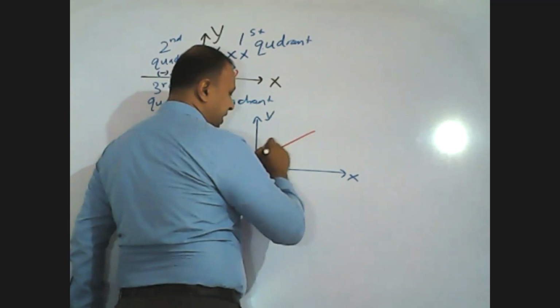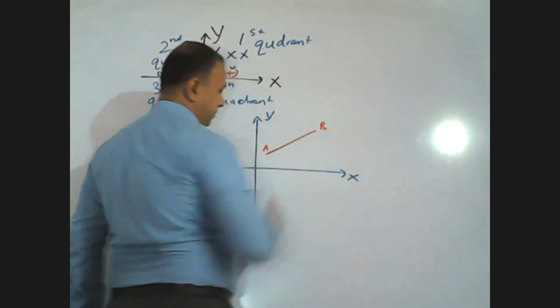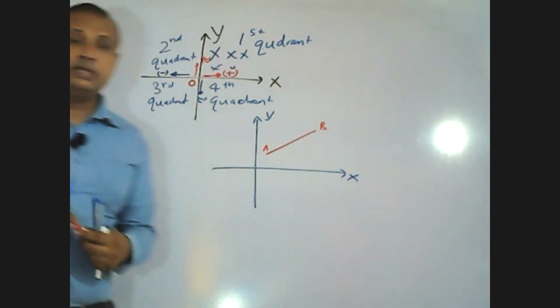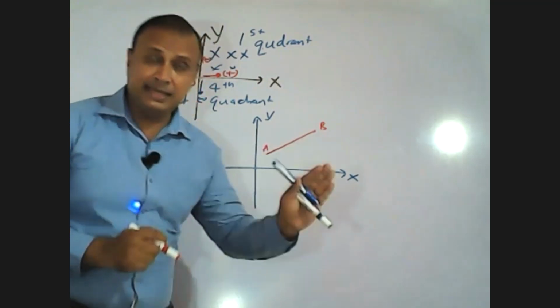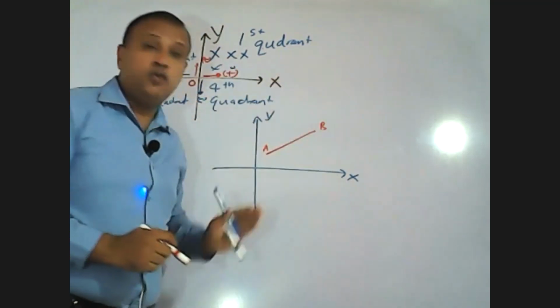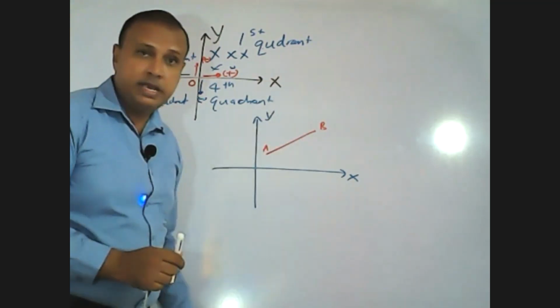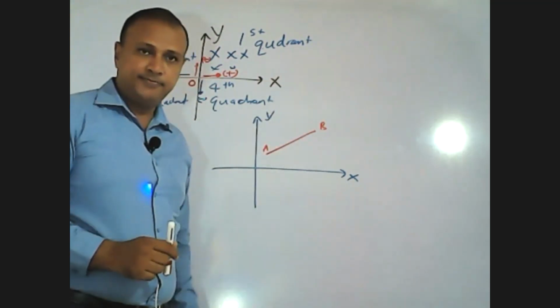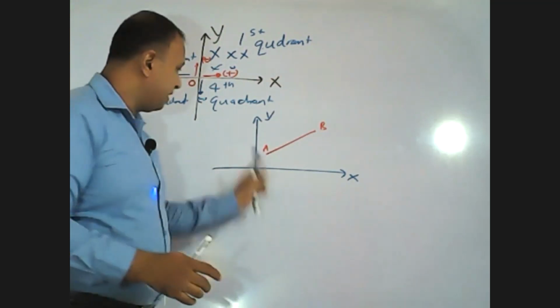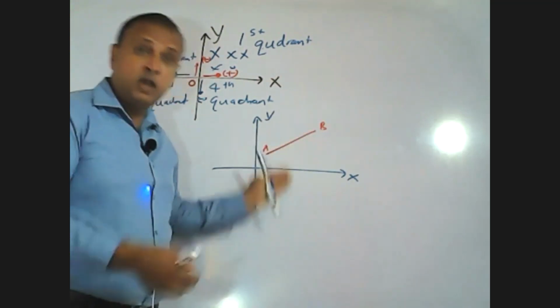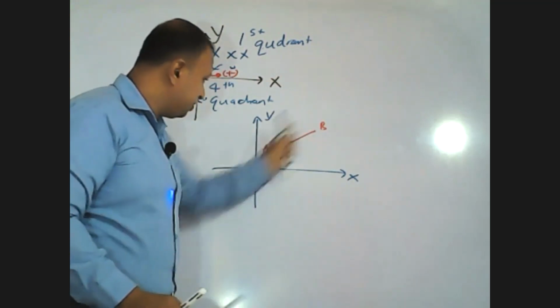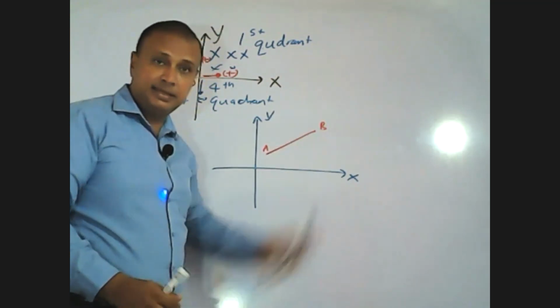Suppose we are given the line segment AB and we need to find the perpendicular projection of AB on the x-axis.